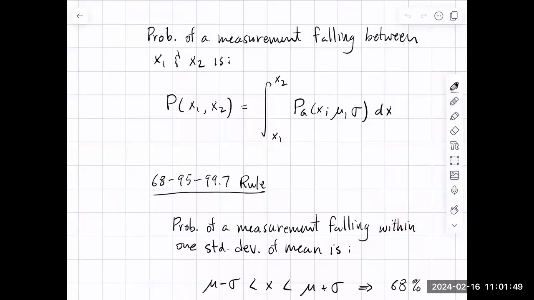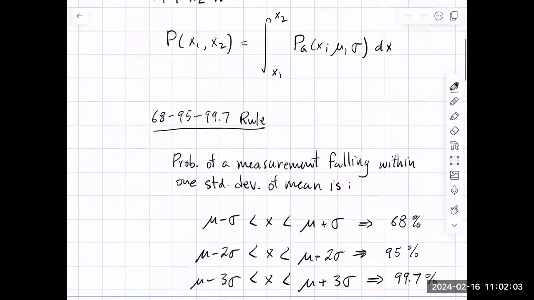If we made the limits x1 and x2, say mu plus or minus a single standard deviation, then evaluating that integral would give you a probability of 68%. So 68% chance of a measurement falling within 1 standard deviation. Within 2 standard deviations of the mean, that comes up to 95%. And 3 standard deviations of the mean, is 99.7% of your measurements should fall within that range.